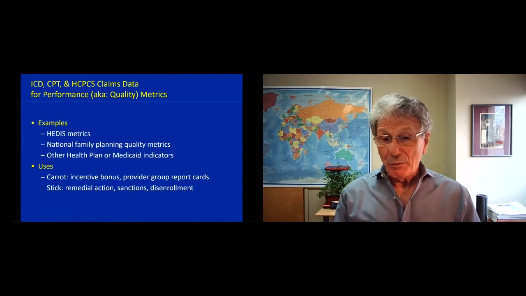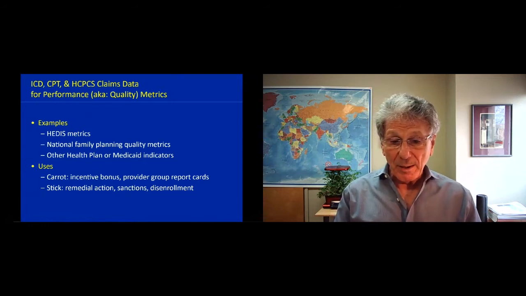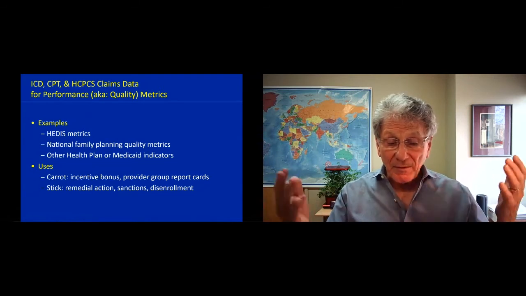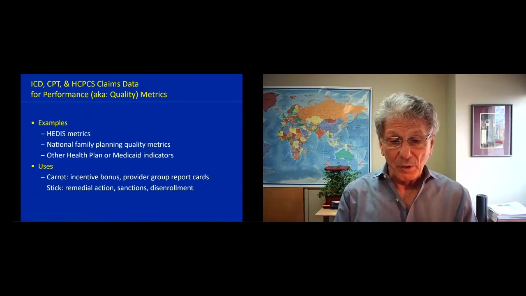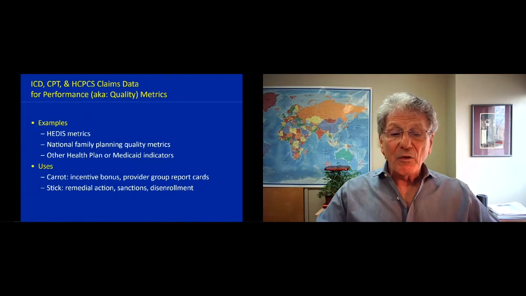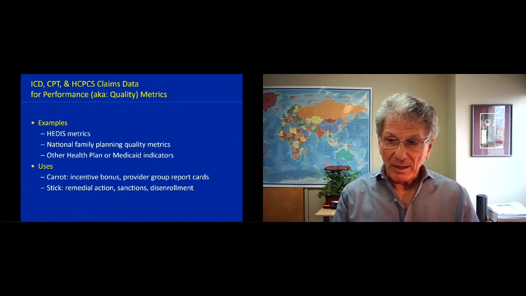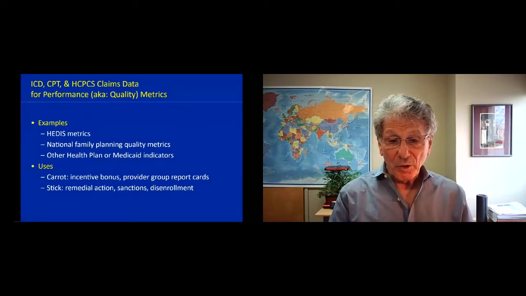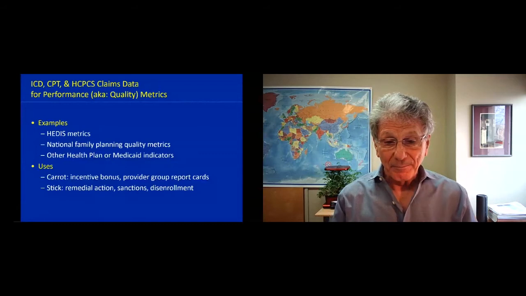On the other hand, if you do really poorly in these quality metrics, then your payers, it could be a state family planning program, for example, might single you out for some kind of remedial action or sanctions, or maybe even disenroll you. So it's all the more reason for accuracy, because your report card, how well or how poorly you're doing in your practice, actually comes from your claim status. Next.